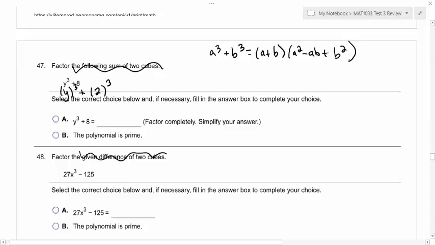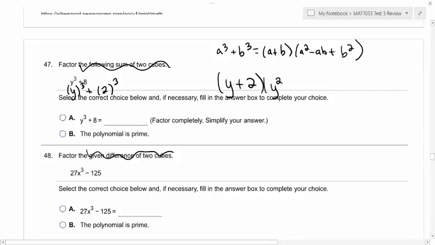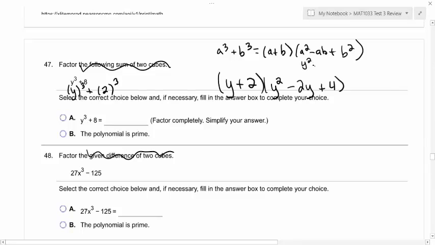Okay, so then what would be the answer here? It'd be y plus 2 times y squared minus 2y plus 4. Perfect. So you could plug it in: y squared minus y times 2, which I agree is 2y, plus 2 squared, which I agree is 4.